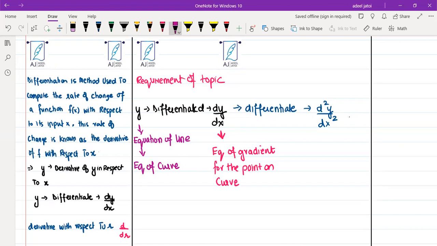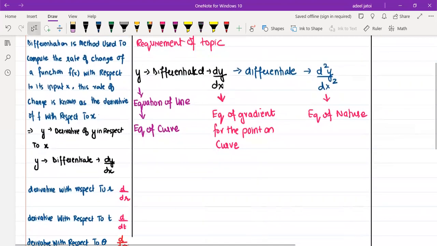Then, what is this d2y upon dx square? This basically tells me the equation of nature. Now, what is the equation of nature?